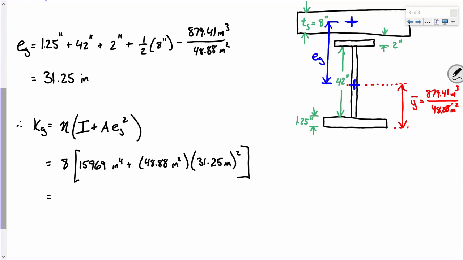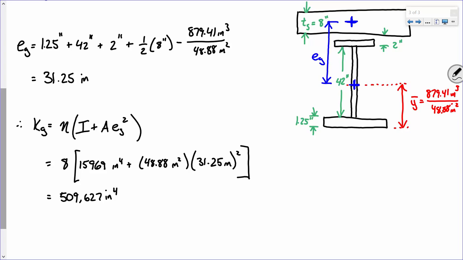What does that come out to be? 509,627, is that what you said? 509,627. We don't need the decimals or whatever, that's close enough. Sound good? And that's inches to the fourth. So that's a longitudinal stiffness parameter taking into account the slab and the beam.